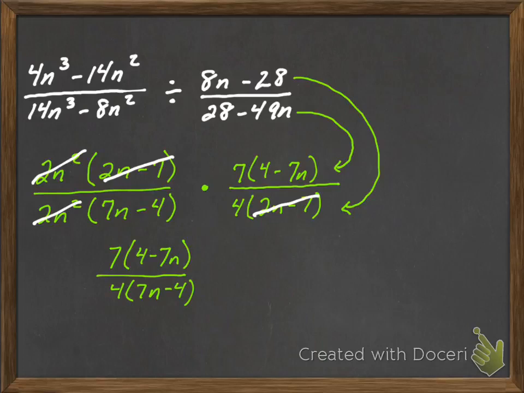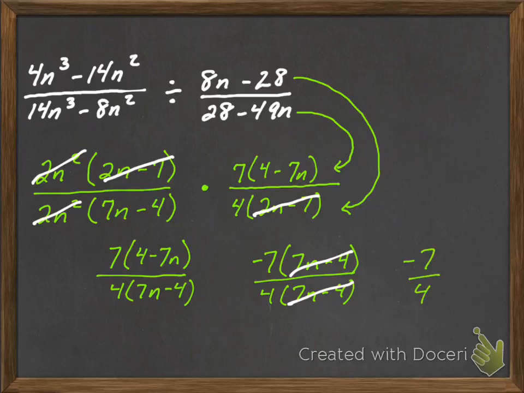It does not matter which one we factor the negative out of. So let me just do the numerator. Factoring a negative now makes it negative 7, and then the binomial becomes 7n minus 4. Now the 7n minus 4s will cancel out, leaving us with negative 7 over 4.